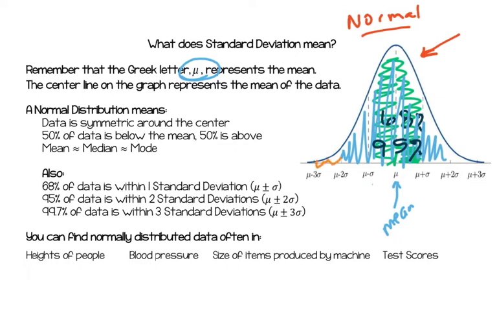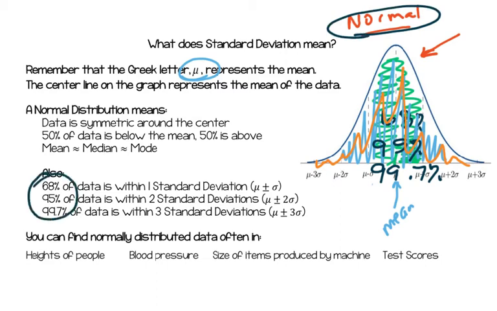And if you go out a 3rd standard deviation, that gives you 99.7% of the data. In a normal distribution, it's always those numbers. You need to remember those numbers, you need to learn them: 68%, 95%, and 99.7%, depending on whether you're within 1, 2, or 3 standard deviations.